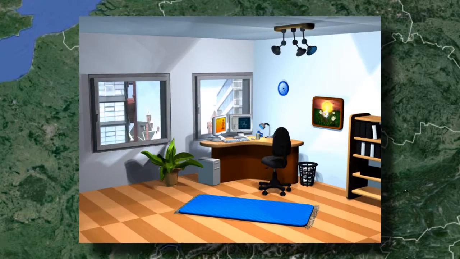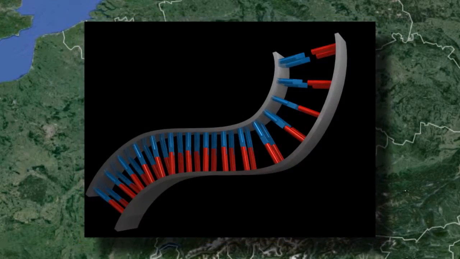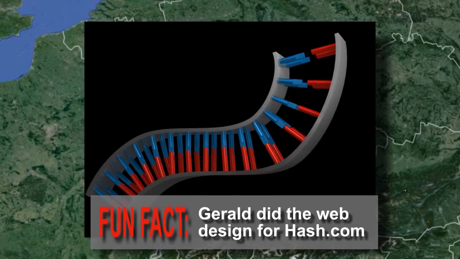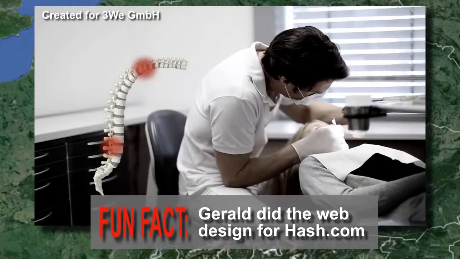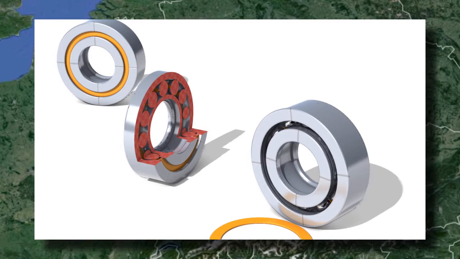That's why I use it, because I think it's one of the most intuitive 3D software out there. That's what a lot of people say. It has the best workflow of any of the 3D packages.